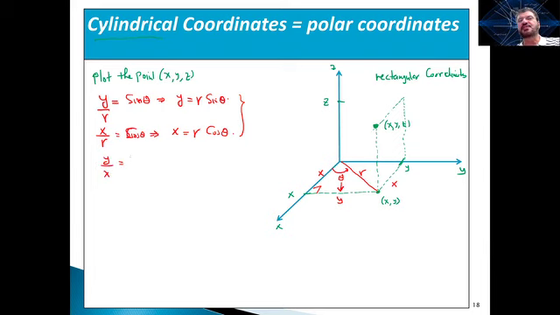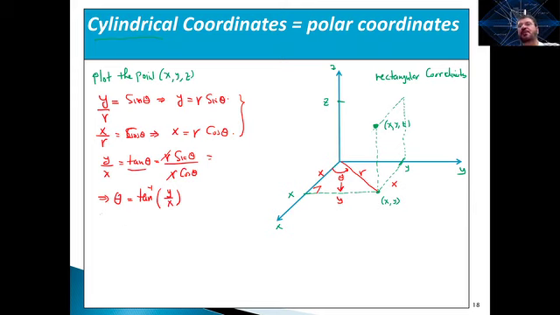We know that y over x is what? Is tangent theta, isn't it? When I divide y over x, that means I'm dividing r sine theta over r cosine theta. This cancels with that. We have sine over cosine, which is what? The tangent theta. This implies if I need to get theta, what do I do? I take tangent inverse of both sides. So here is theta.